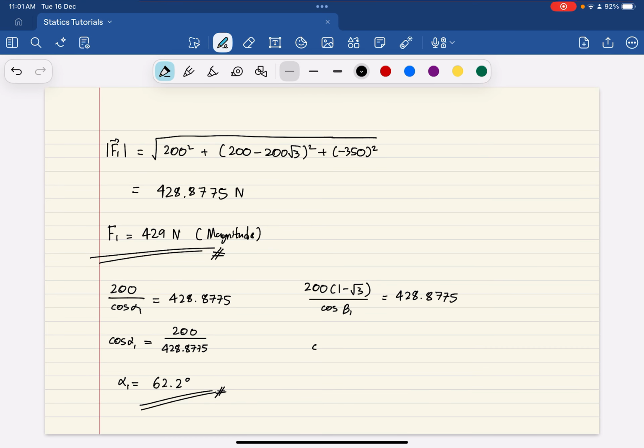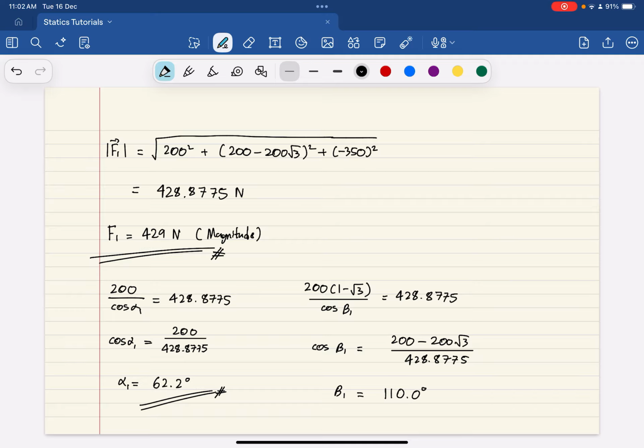Then cosine of beta would be equal to 200 minus 200 root 3 over 428.8775, and then beta 1, if you do the cosine inverse, becomes 109.9, or basically you can say just 110.0 degrees.